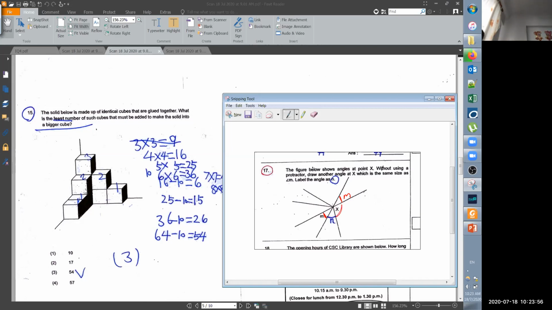It says you must draw another angle at X. That means you can only draw it within this range, from here to here. You need to draw a line within this range, such that it is equivalent to your m. So how do you draw it?